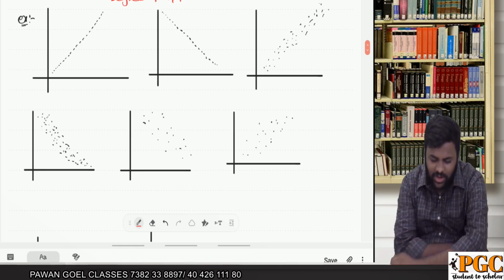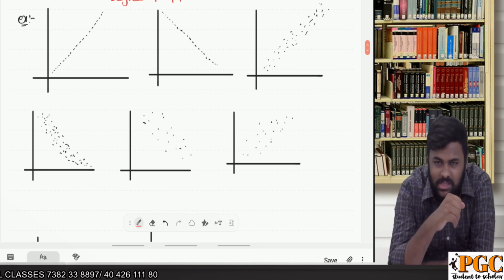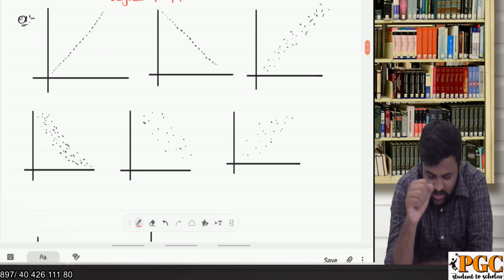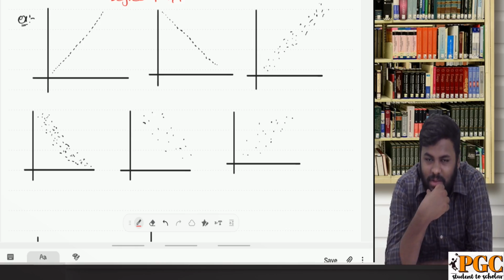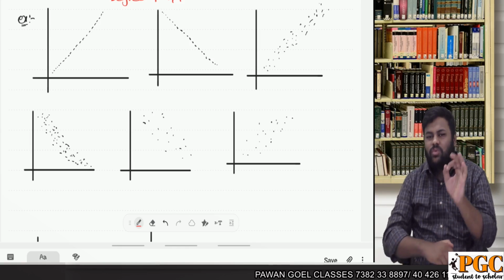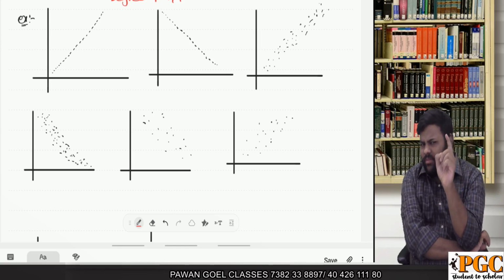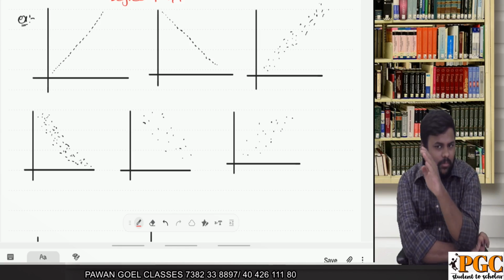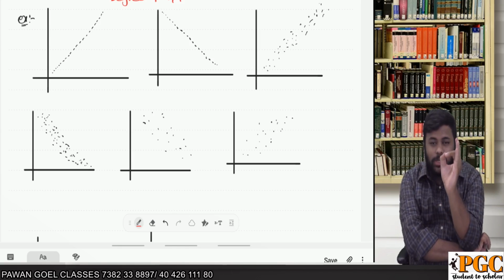Now look here, my dear friends, in the first 2 graphs, what's happening? The points are moving either upward or downward in a straight line. Remember one thing, if it is moving upwards, it will be a positive correlation.